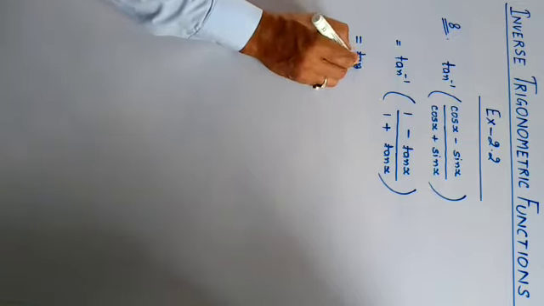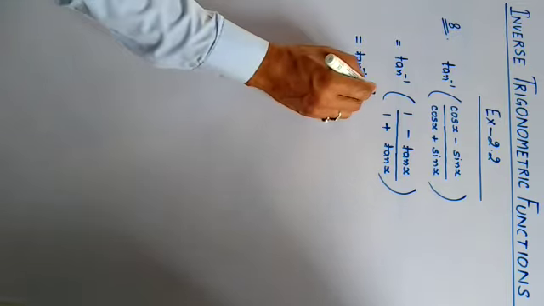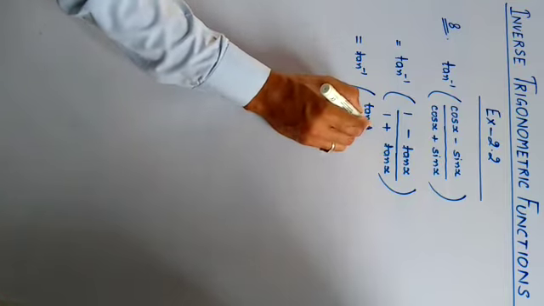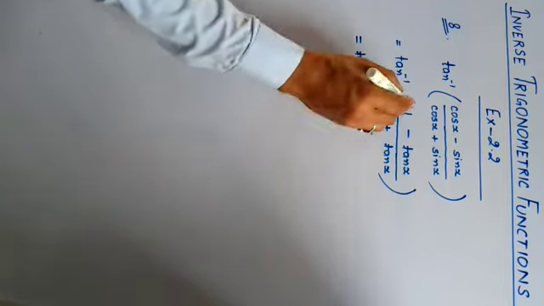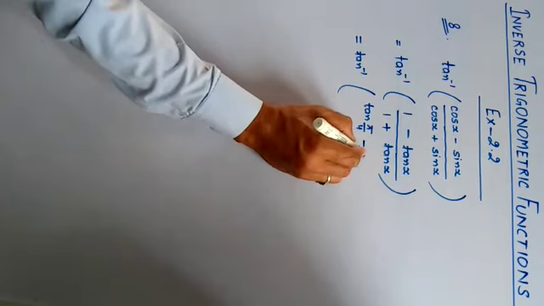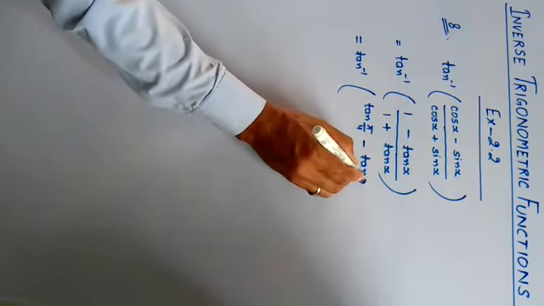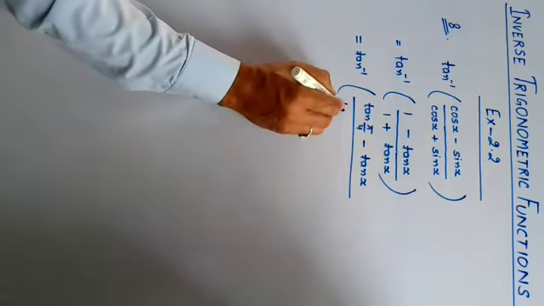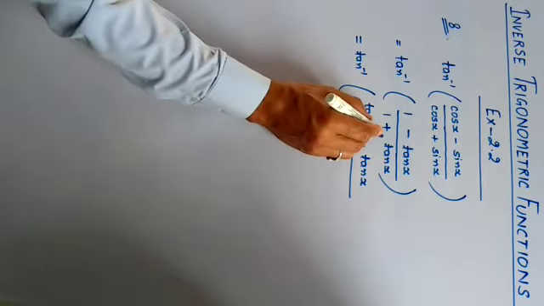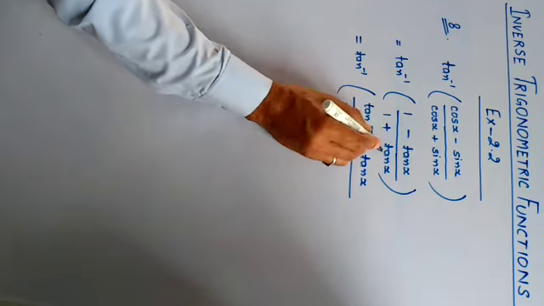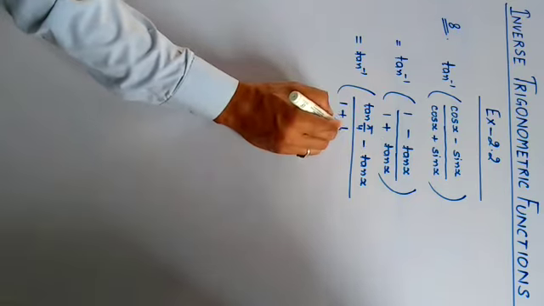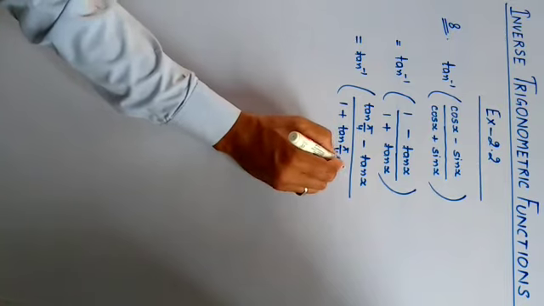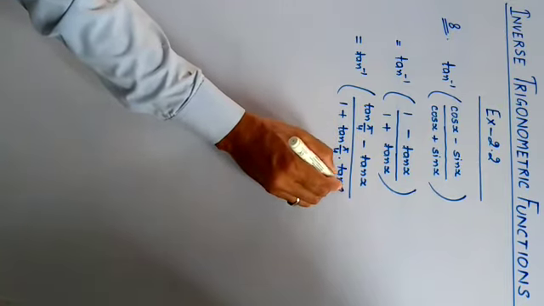In place of 1 we can write tan pi by 4, since tan 45 is 1. So tan pi by 4 minus tan x upon 1 plus, we can write tan x as 1 into tan x, so in place of 1 again tan pi by 4 into tan x.